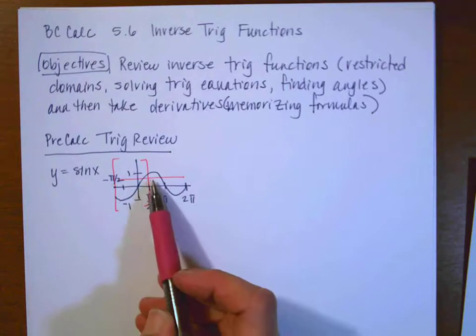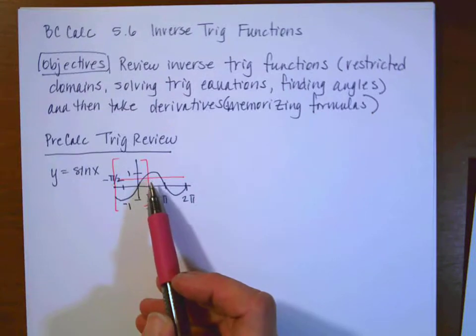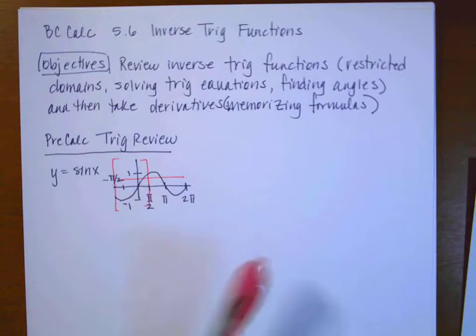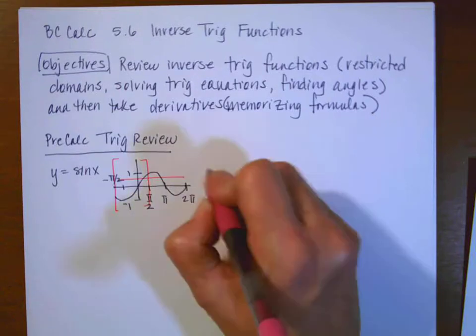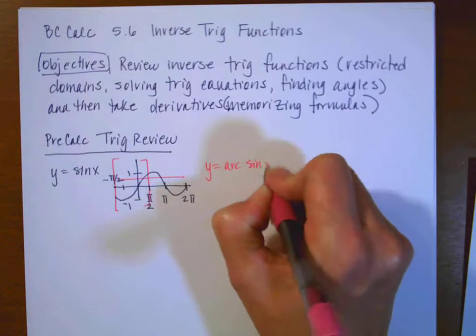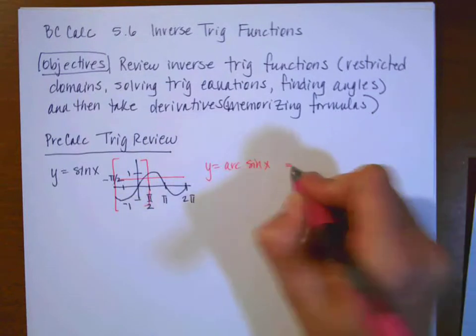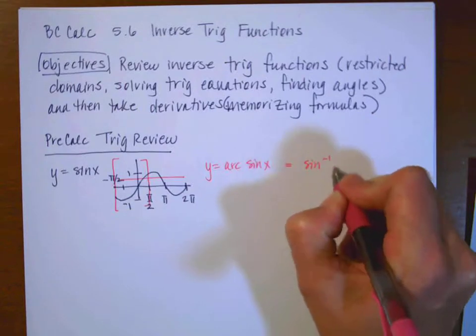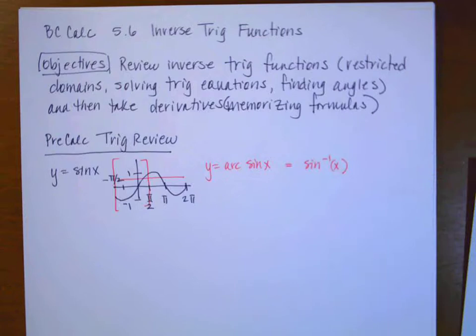Because as we've seen from the regular graph, I can't take an inverse because the function fails the horizontal line test. So what that means then, if I want to have y is equal to the arc sine of x, and remember that can also be written as the inverse sine of x, you can write it that way.